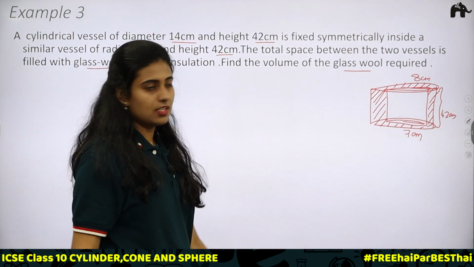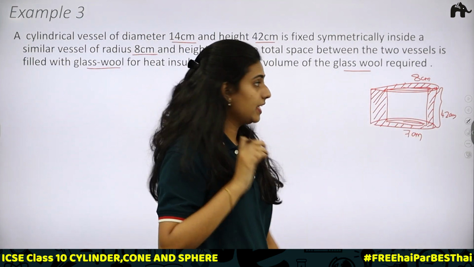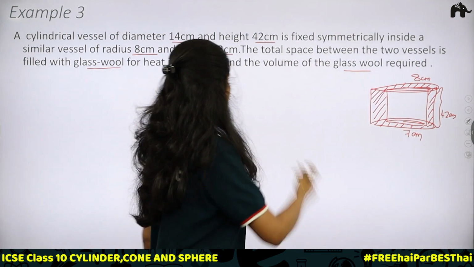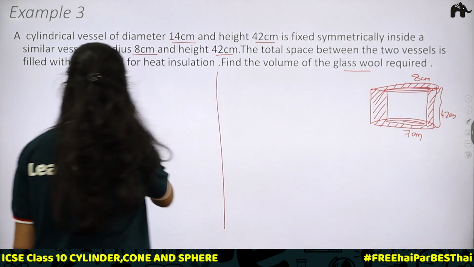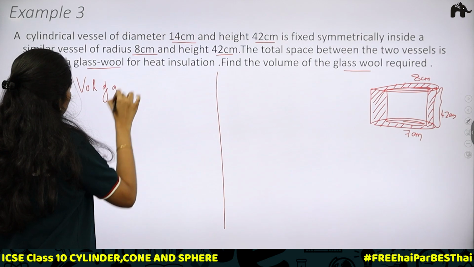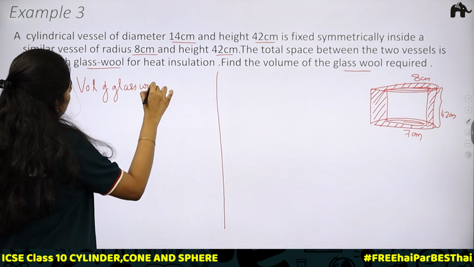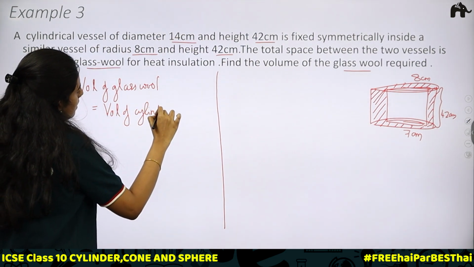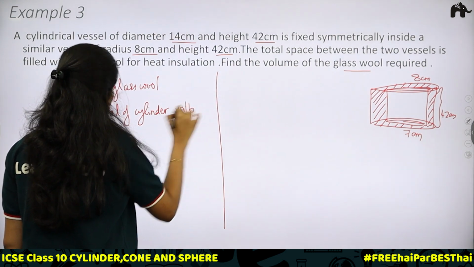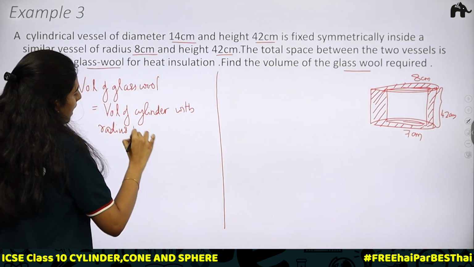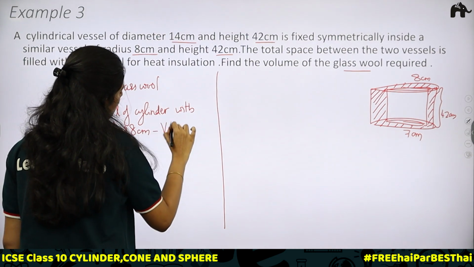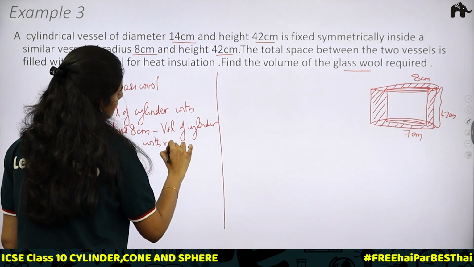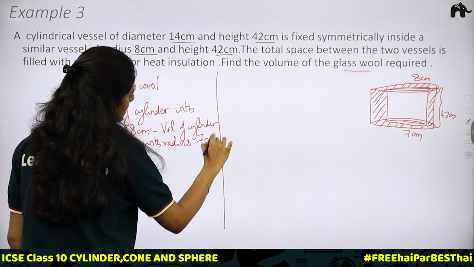How to find the volume now? So this region which I have shaded, you will be getting that region when you subtract the smaller cylinder from the larger cylinder. Yes. So volume of glass wool will be equal to volume of cylinder with radius 8 centimeter minus volume of cylinder with radius 7 centimeter.